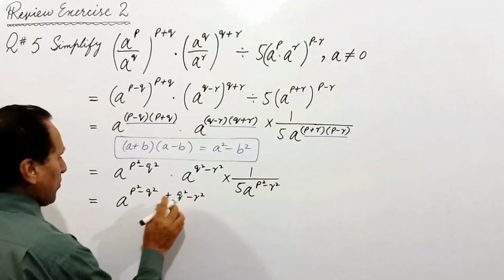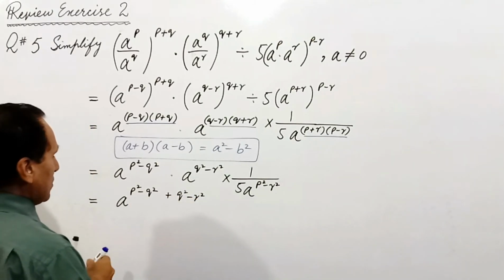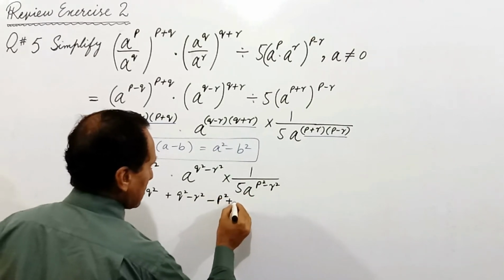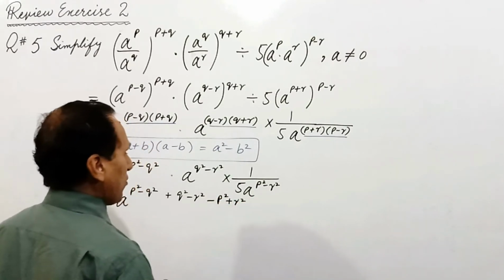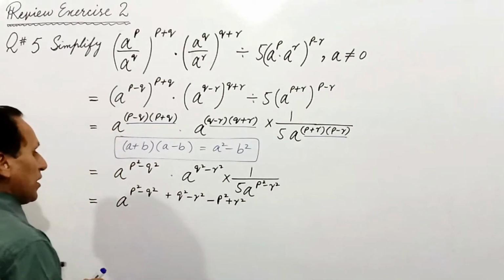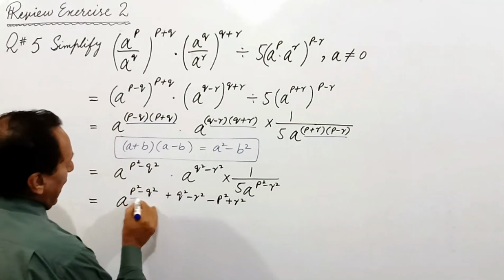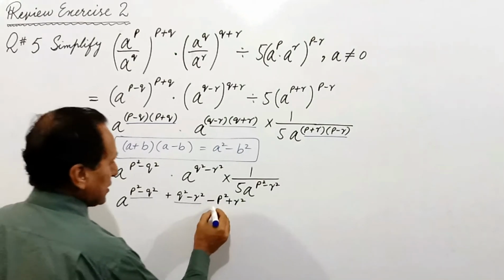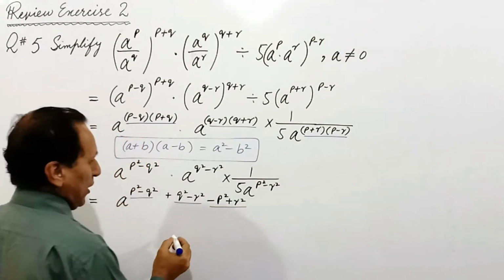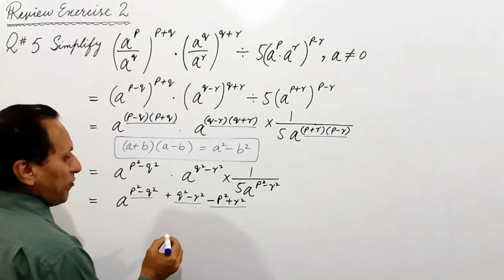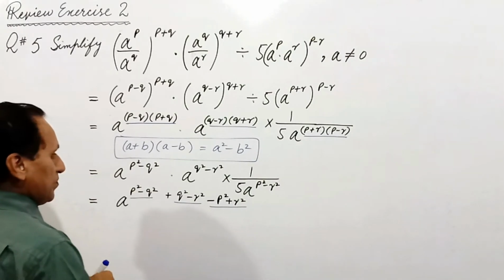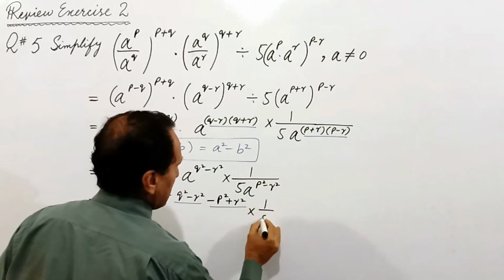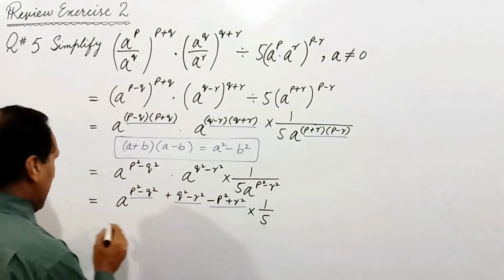We apply the law of sum of power on this part, and minus p square minus will become plus r square according to the law of quotient power with the same base. Actually, we add these two values according to the law of sum of powers. We change the signs of these values according to the law of quotient power with the same base. Multiply 1/5 is left in that part.